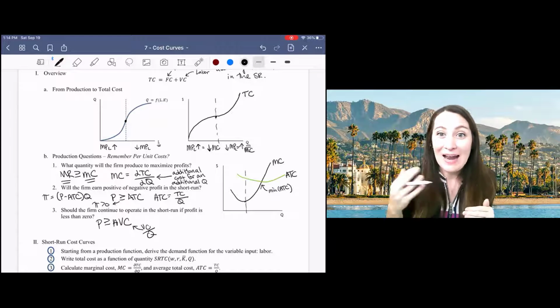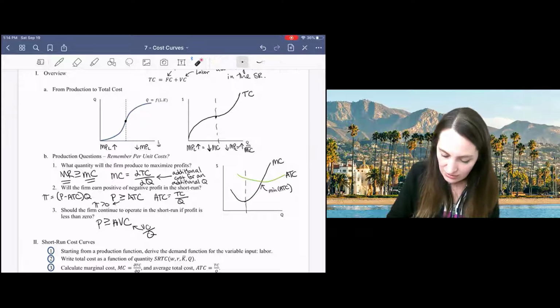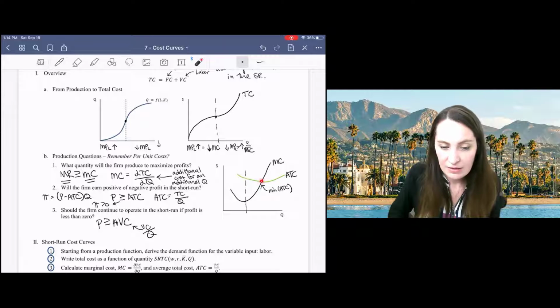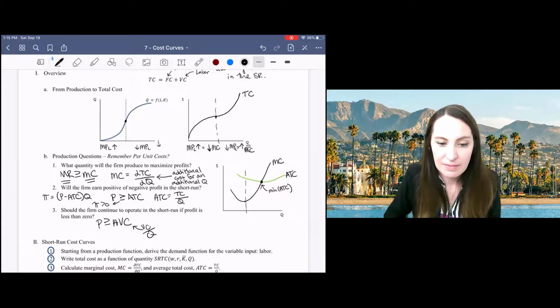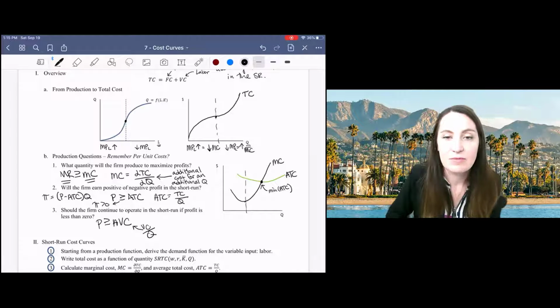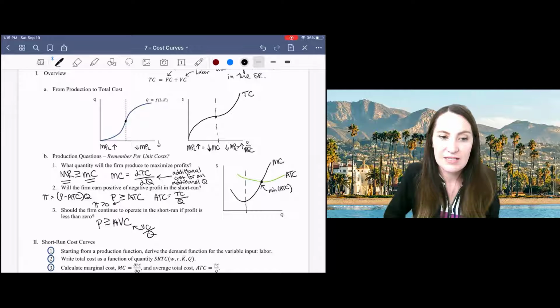And likewise, if you get a higher grade than average, it's going to bring that average up. So here you can see, when marginal cost is below average total cost, average total cost is decreasing. When marginal cost is above average total cost, average cost is increasing. So the consequence is that the average function intersects the marginal function at its minimum. And that was the zero profit point, the competitive long-run equilibrium in your intro classes, and we'll talk about it some more as we go through today.